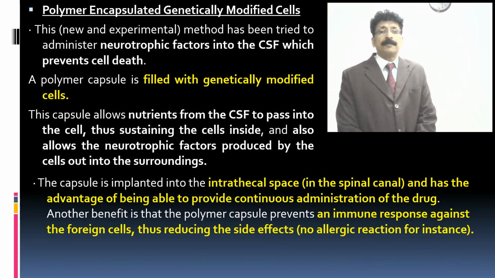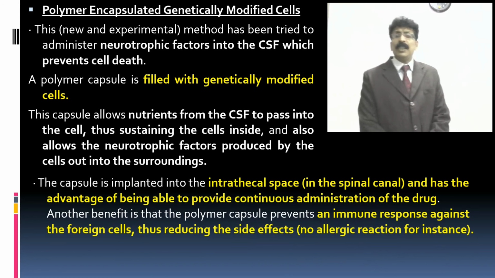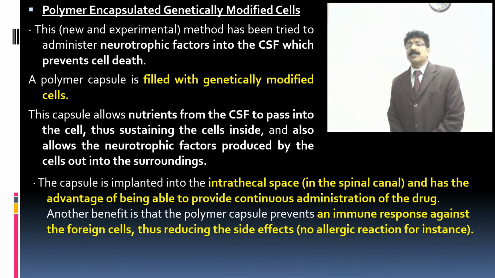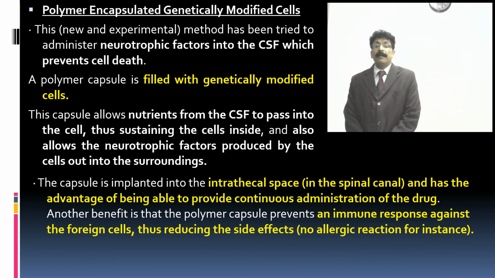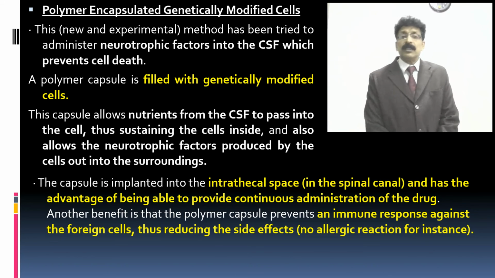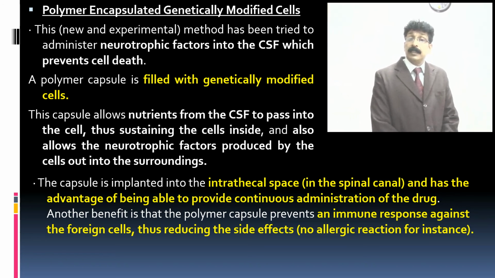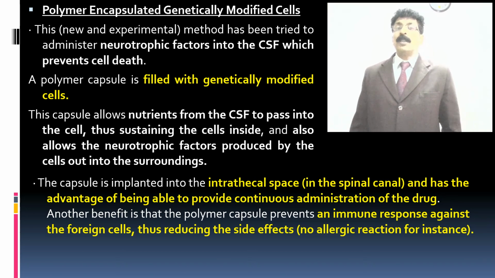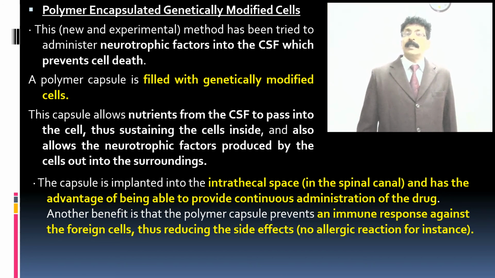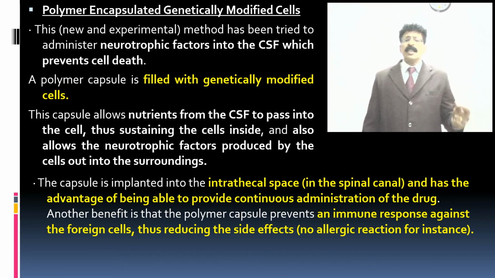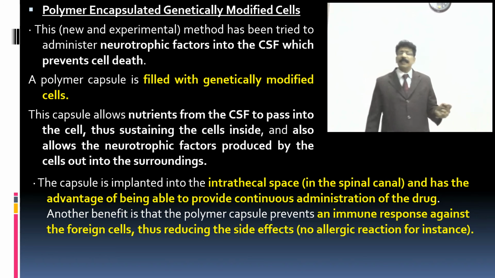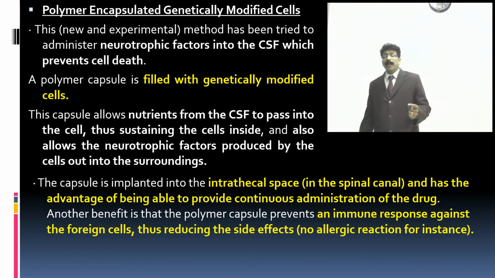The capsule is implanted into the intrathecal space in the spinal canal and has the advantage of providing continuous administration of the drug. Another benefit is that the polymer capsule prevents an immune response against the foreign cells, thus reducing side effects. No allergic reactions can be identified.